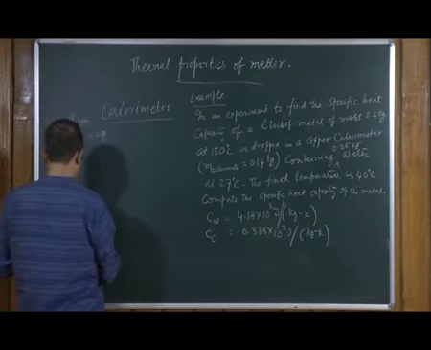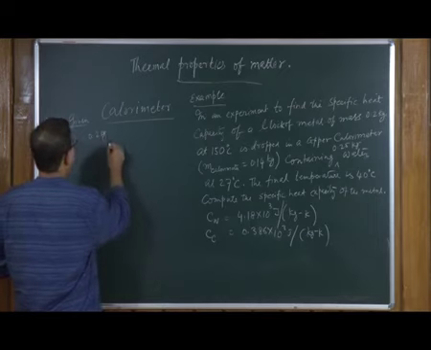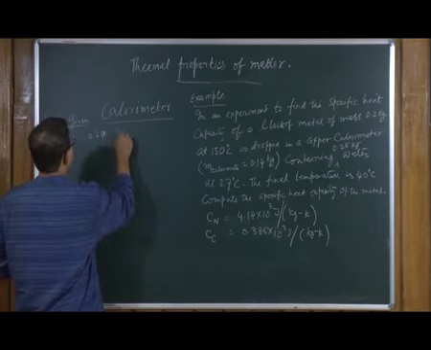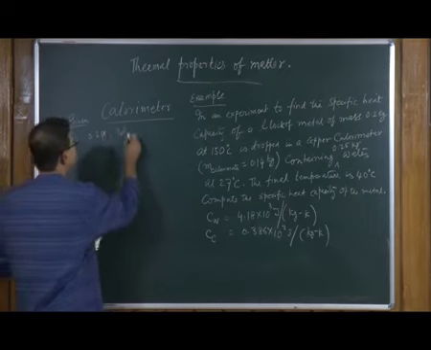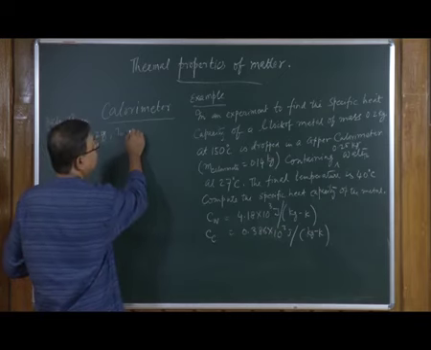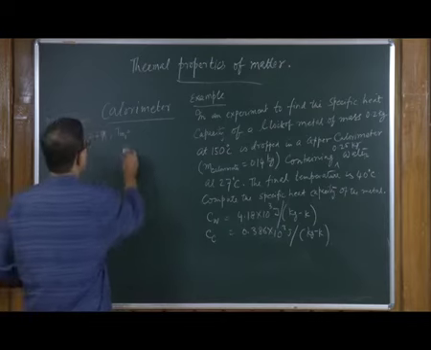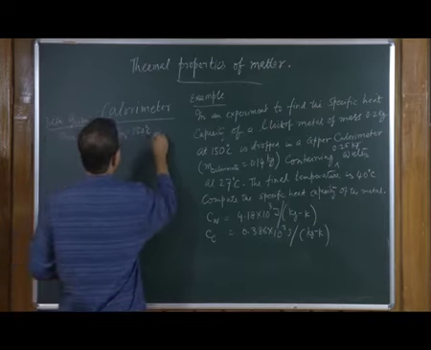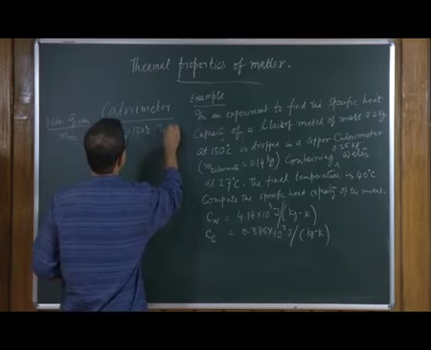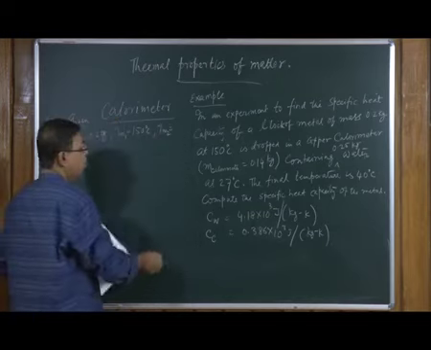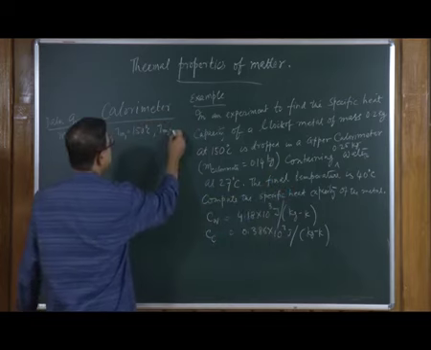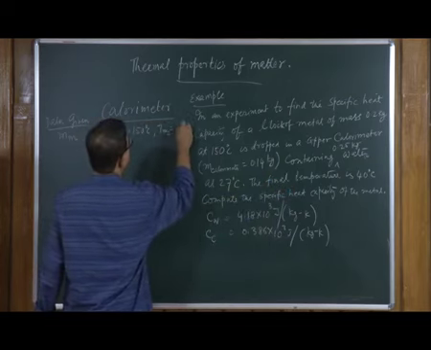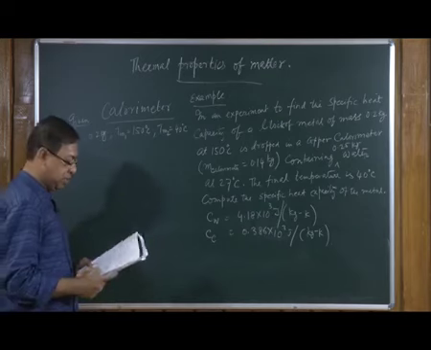The initial temperature of the metal, let us call it Tm1, is 150 degree centigrade, and Tm2, that is the final temperature of the metal, would be the same as the final temperature that is quoted here, which is 40 degree centigrade.